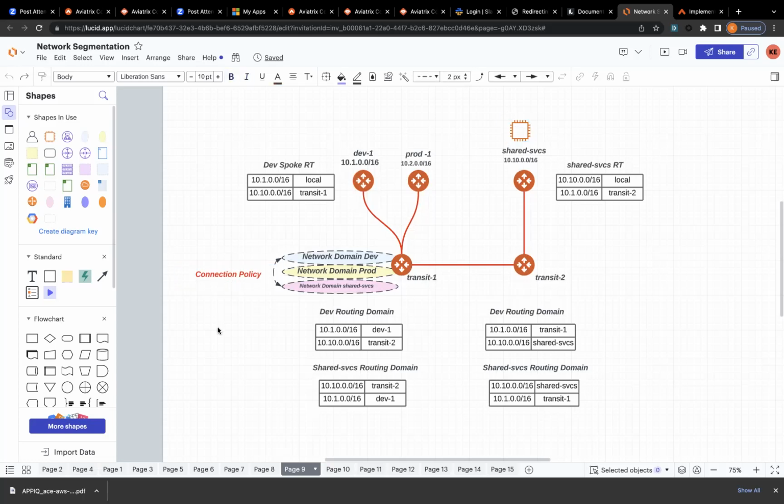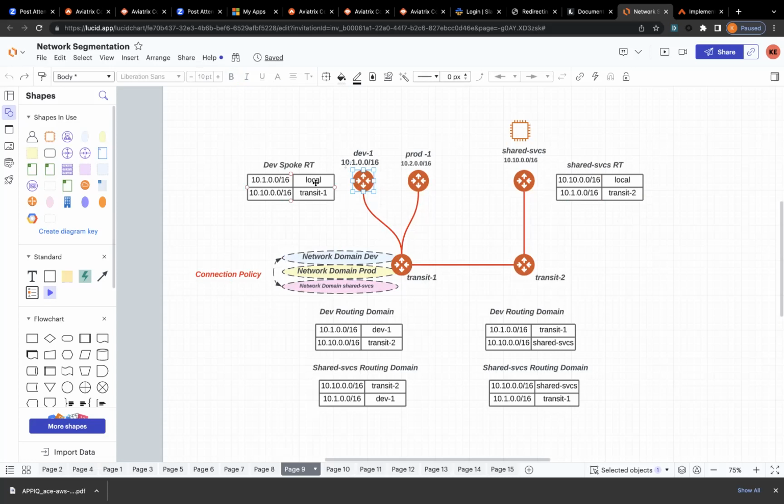What a connection policy simply is, we are leaking all of the routes. We are taking all of the routes that are in the routing table of the shared services and adding them into the dev routing table, because we have configured the connection policy between dev and shared services and vice versa. What I mean by this, if you look at dev1's routing table, you will see it has 10.1 as local.